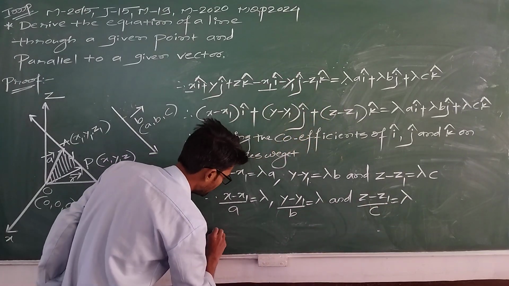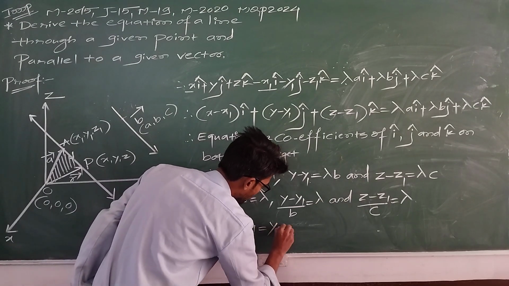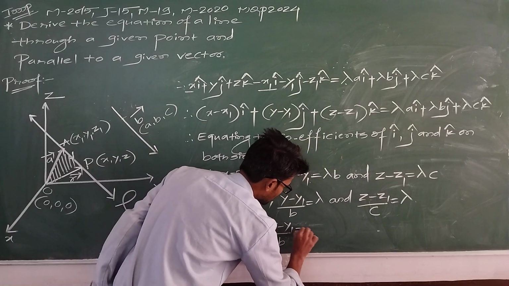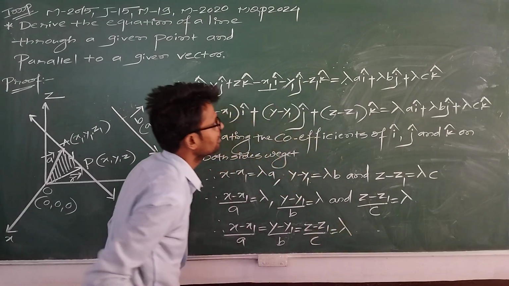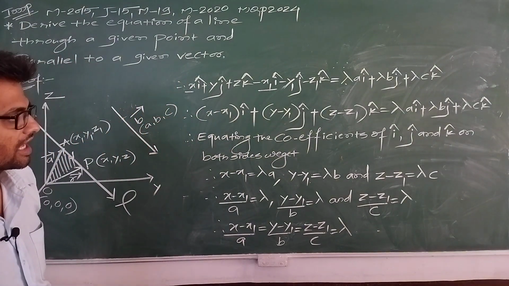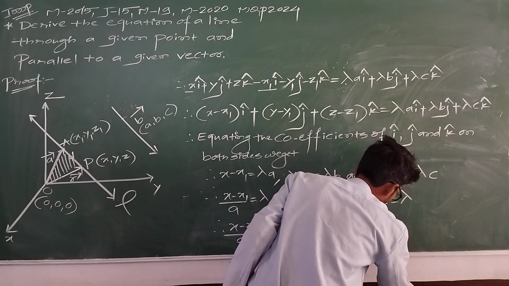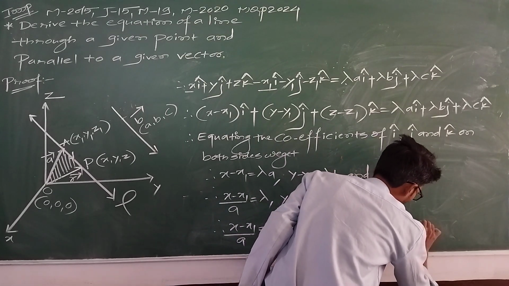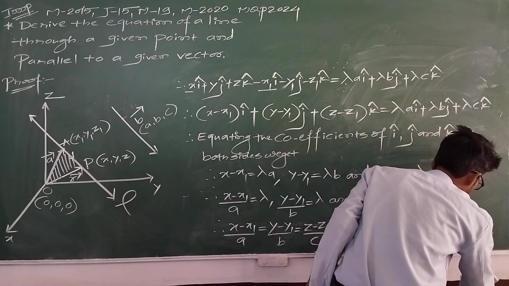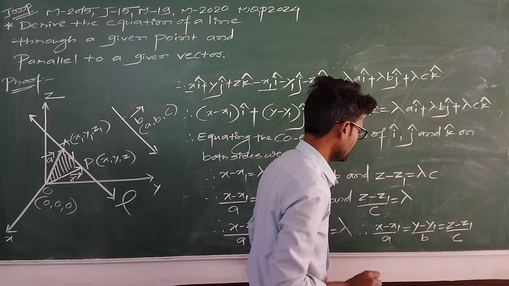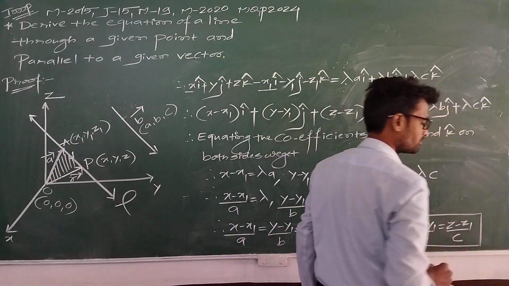Therefore x minus x1 by a is equal to y minus y1 by b is equal to z minus z1 by c is equal to lambda, where lambda is any scalar. Finally, x minus x1 by a is equal to y minus y1 by b is equal to z minus z1 by c. This is the equation of a line in Cartesian form.